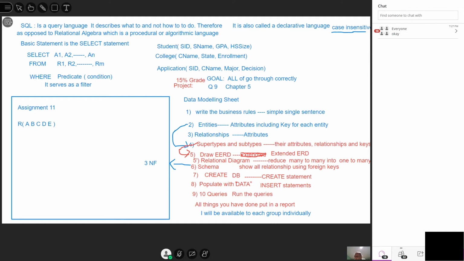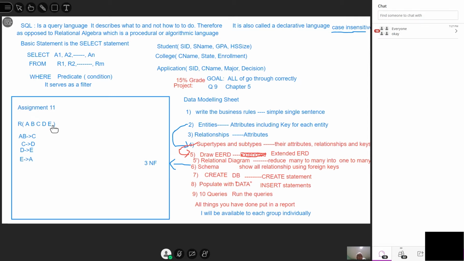And we are given AB functionally determines C, C determines D, D determines E, and E determines A. Now let's look at this question.